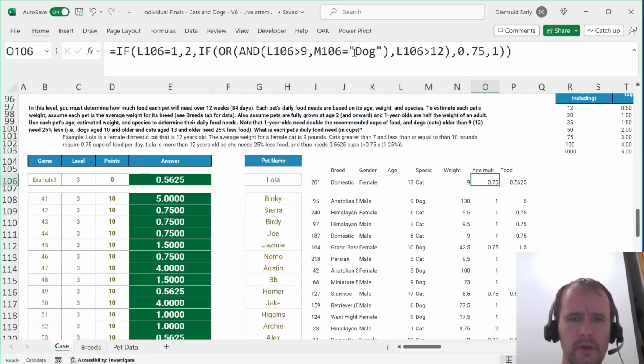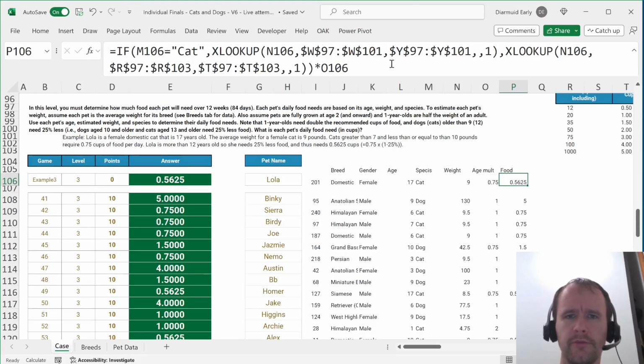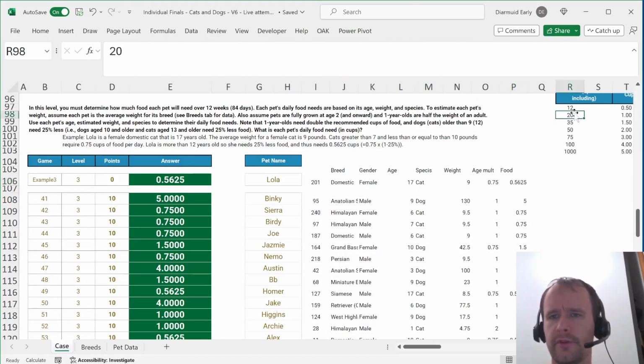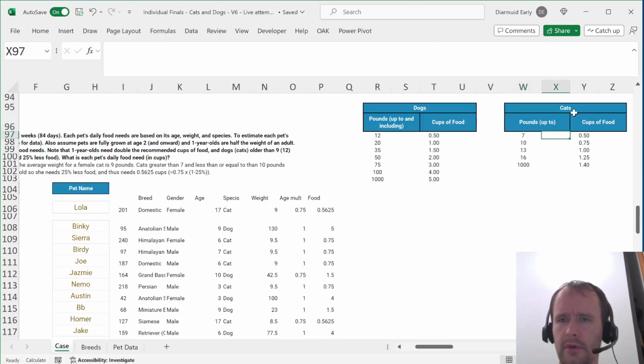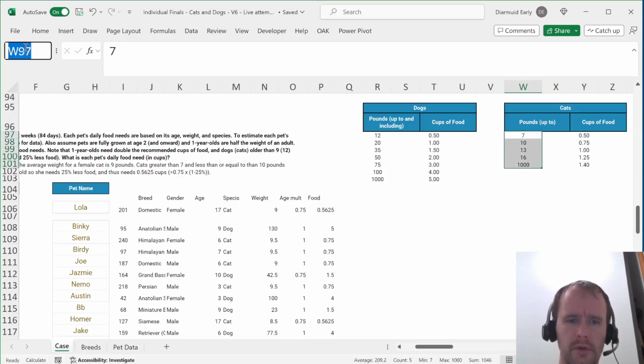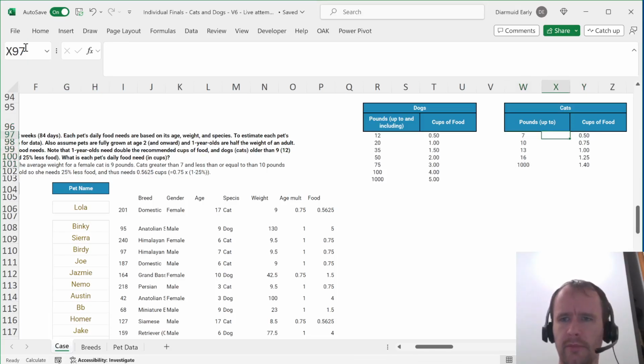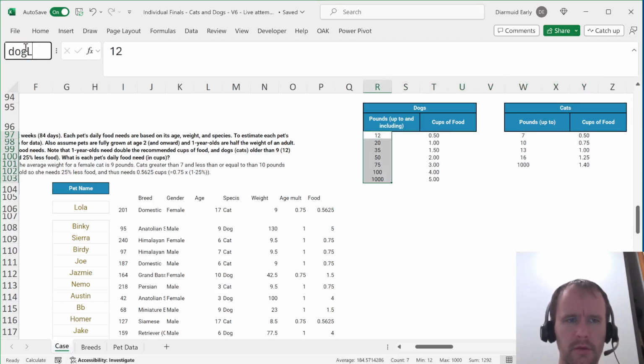Okay, then we need the amount of food, and let's just give these names. So call this cat LB for cat pounds, cat cup. Call this dog LB, dog cup.